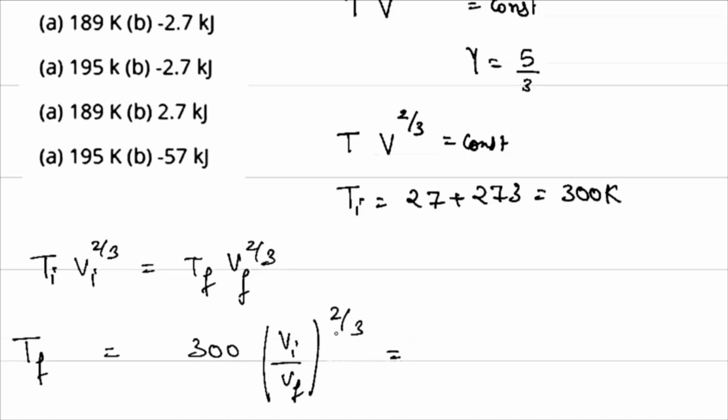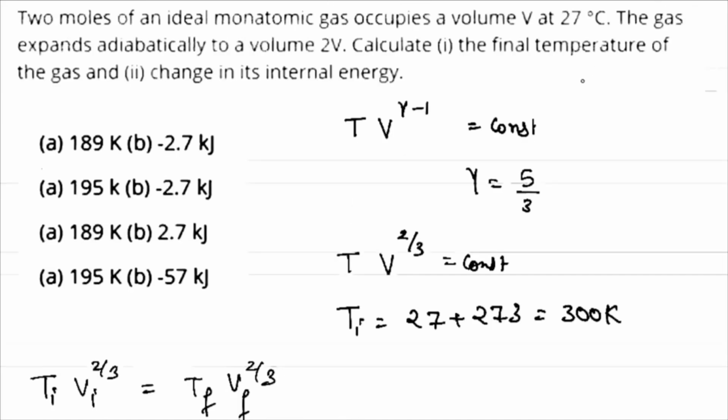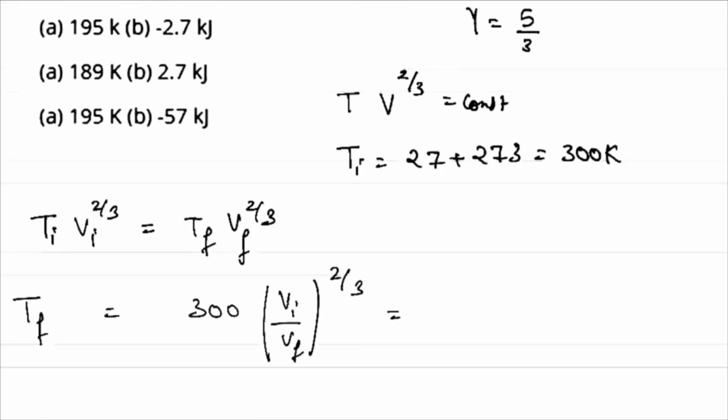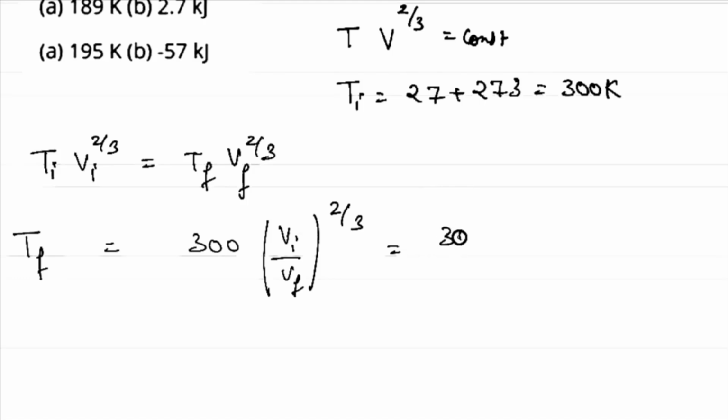So V final is 2 times of V initial, right? So V initial by V final, if you see here, it is equals to half. So you can put the value of this as half. So I will write 300 into 2 to the power 2 by 3, and it will be equals to 189 Kelvin.